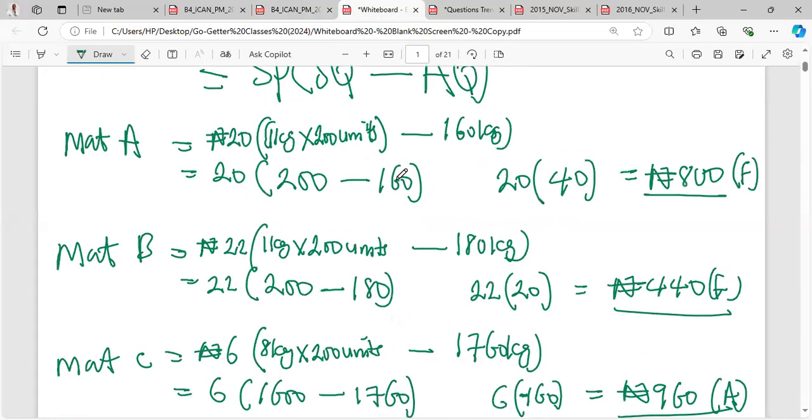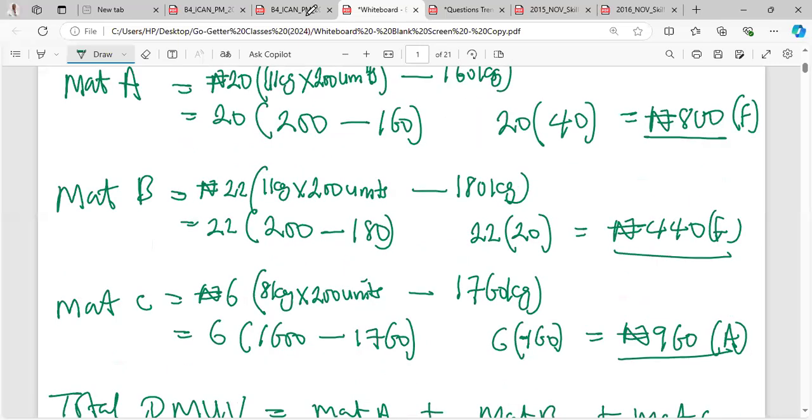So fewer materials were required to make A as compared to B and C.